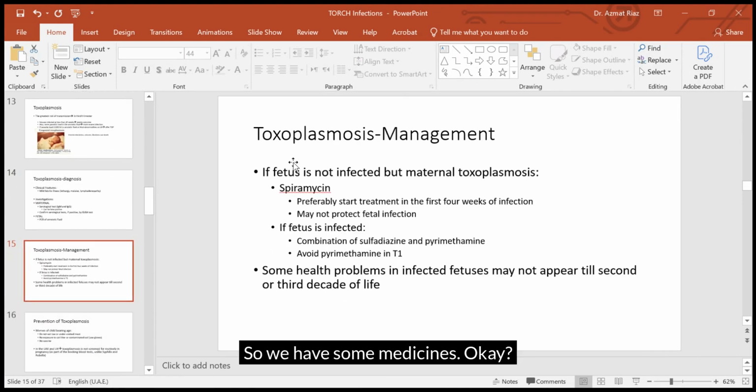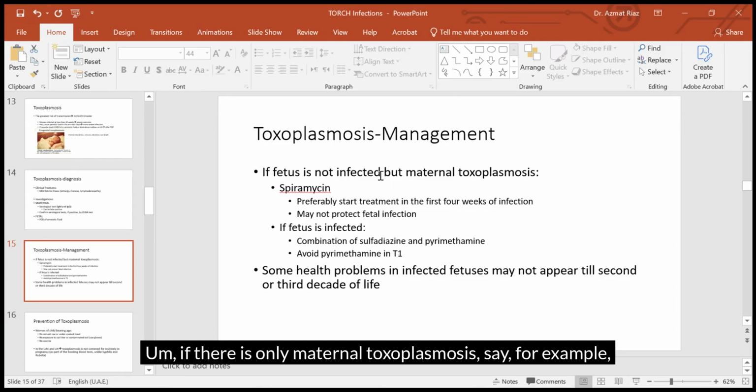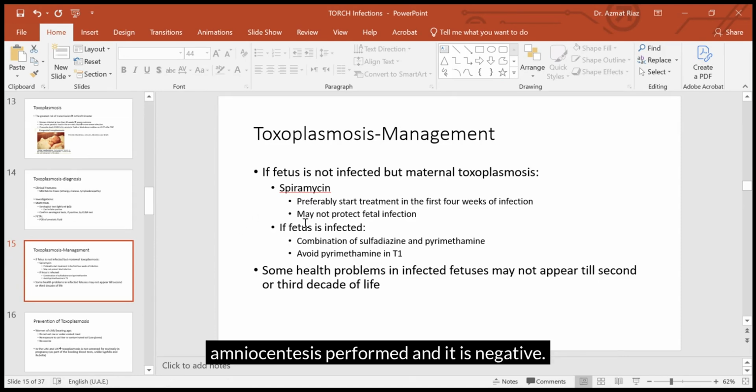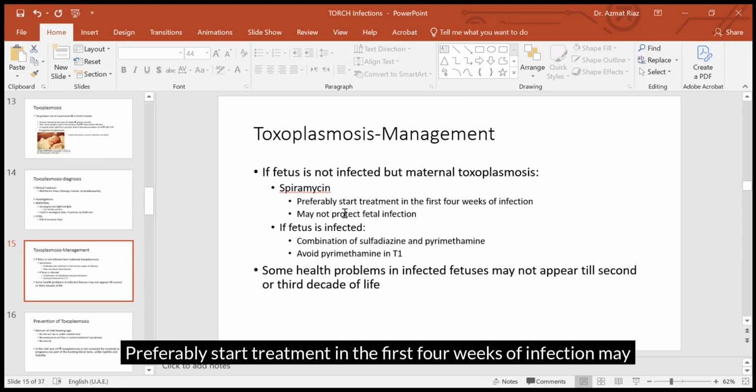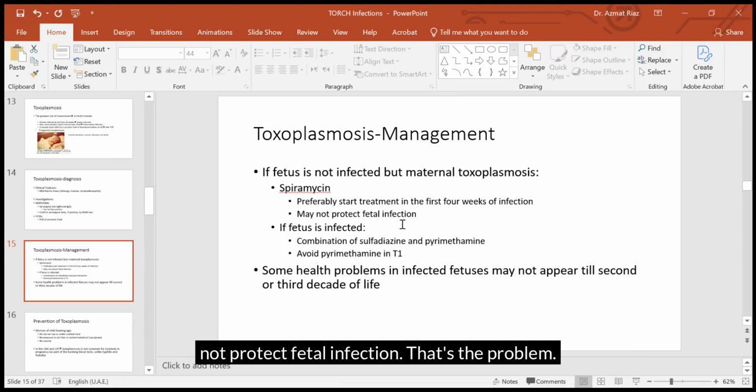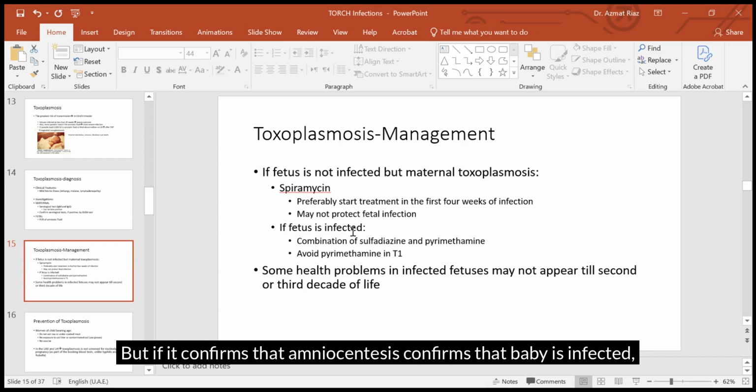Okay, so we have some medicines. If there is only maternal toxoplasmosis, say for example amniocentesis was performed and it is negative, but maternal IgM is positive and ELISA is positive, then start spiramycin. Preferably start treatment in the first 4 weeks of infection. It may not protect against fetal infection. That's the problem.